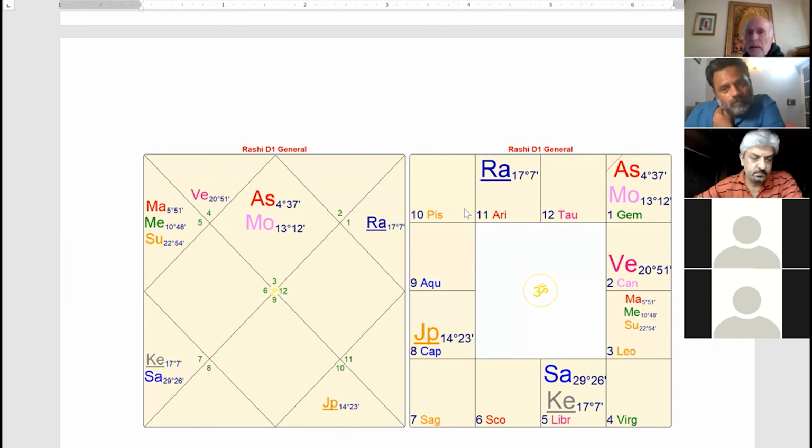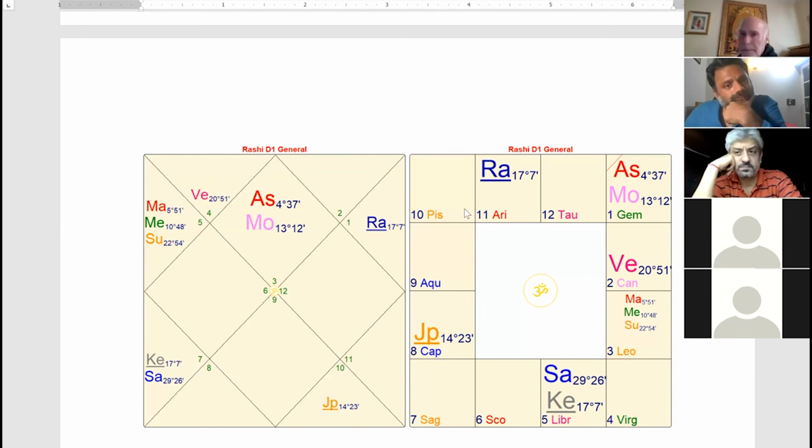But it's been of interest to me, in the same way that certain things can help a debilitated planet give its response more strongly, I've been investigating whether a planet in debilitation in, say, Navamsha, but in Pushkar Navamsha, does that help redeem it somewhat? But then someone mentioned, and this is what I want to talk about mostly with regards to the chart, this Jupiter is in Pushkar Navamsha, right? Is K2 also? Yes.